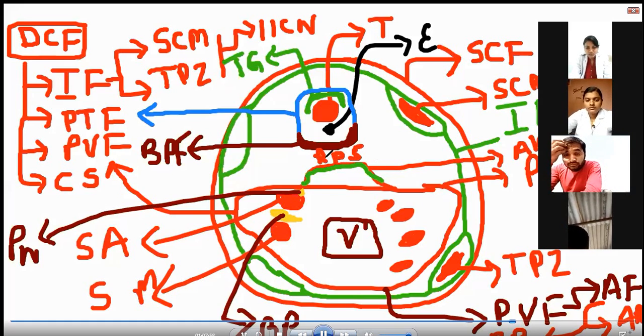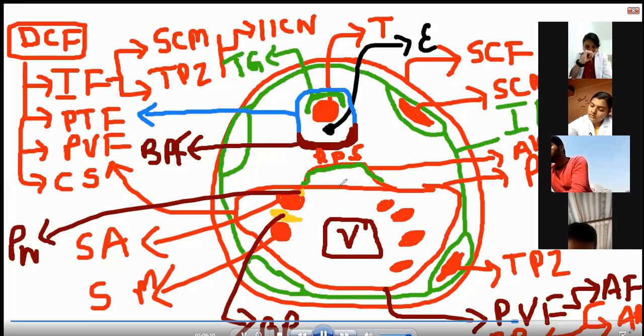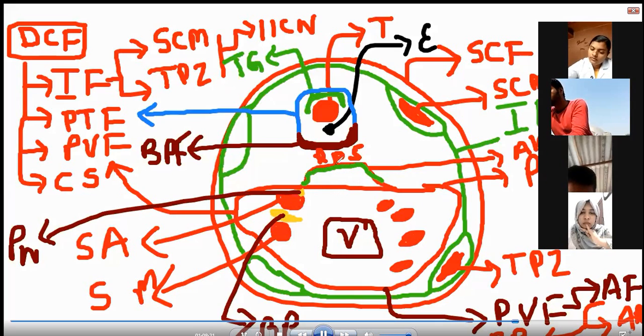Okay, where I have written RPS, this is your retropharyngeal space, which is present between the alar fascia and buccopharyngeal fascia. This space between the prevertebral fascia and the alar fascia is known as danger space.